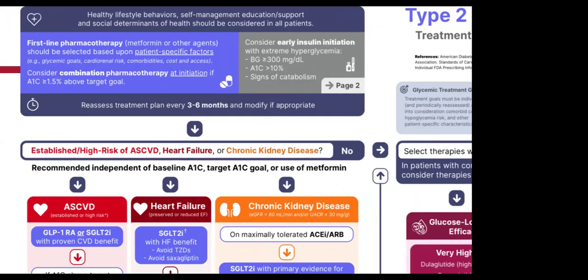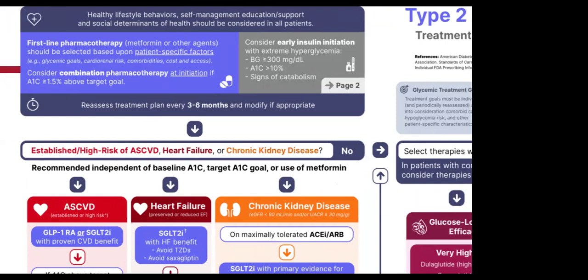Usually for pre-diabetic patients, you want to encourage healthy lifestyle behaviors and self-management, and you want to educate them. Patients who come in for the first time, you want to do all that.